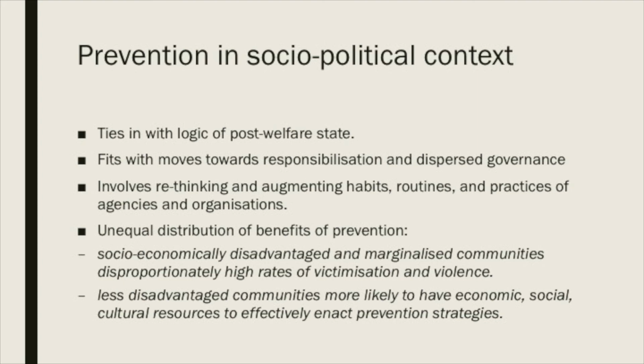Building upon this talk of the symbolic and affective dimensions of crime prevention, we also need to think about crime prevention in its social and political context. This week's reading talks about how crime prevention ties in with the logic of what we call the post-welfare state. It fits in with this shift towards responsibilization and dispersed governance.